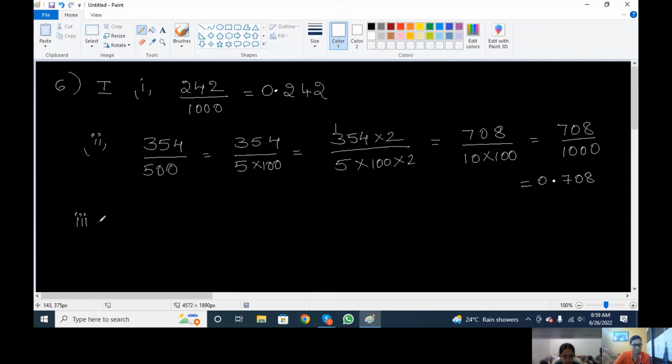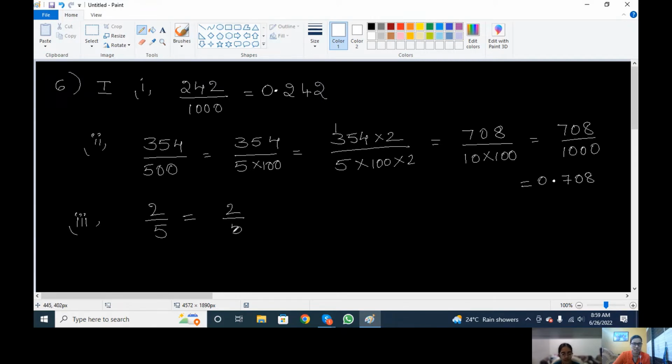Third question. 2 by 5. In the denominator 5 is there. So with which number can I multiply so that I can get 10? 5 is nearest to the 10. Which number? 2.